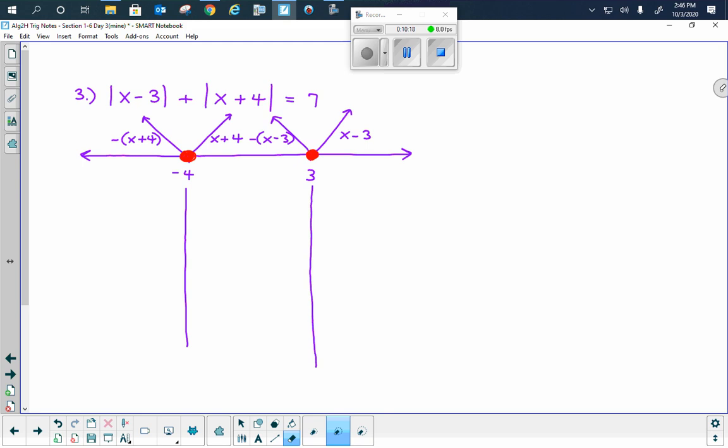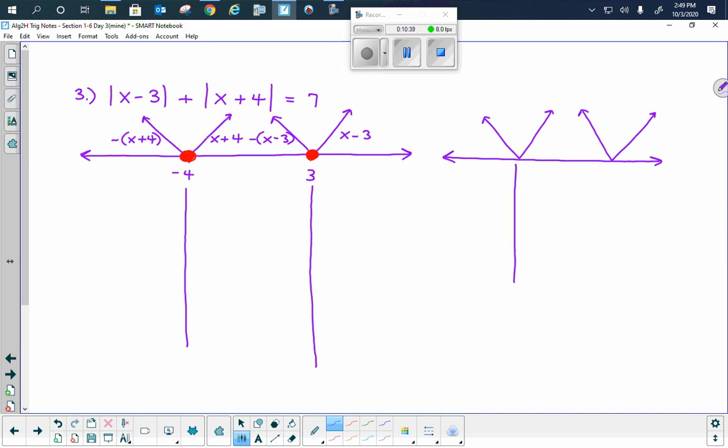So let's see if we can do a little bit of color coding and explain this over here on the right. Let's take a moment and just do a quick sketch of this again, without specific numbers. Just get two V's in here. We know that we want to have these lines here and have our three regions. So here we go with some color coding.